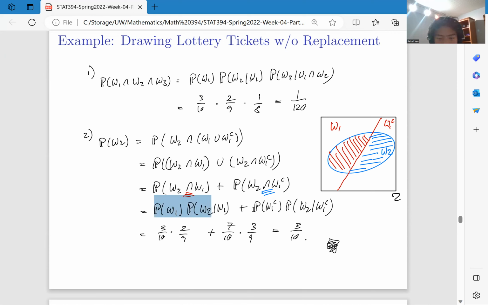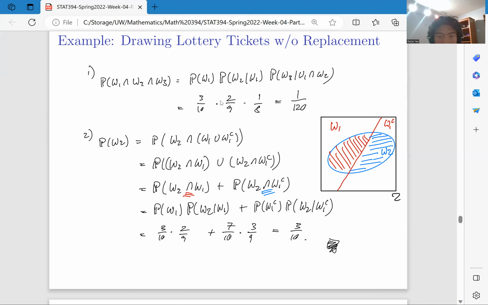So let's look closer at why this is correct. P(W1) is 3/10, of course, and P(W1 complement) is 7/10.